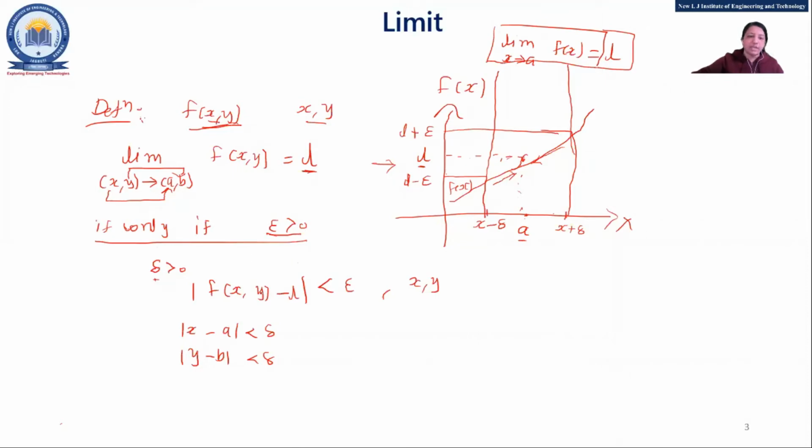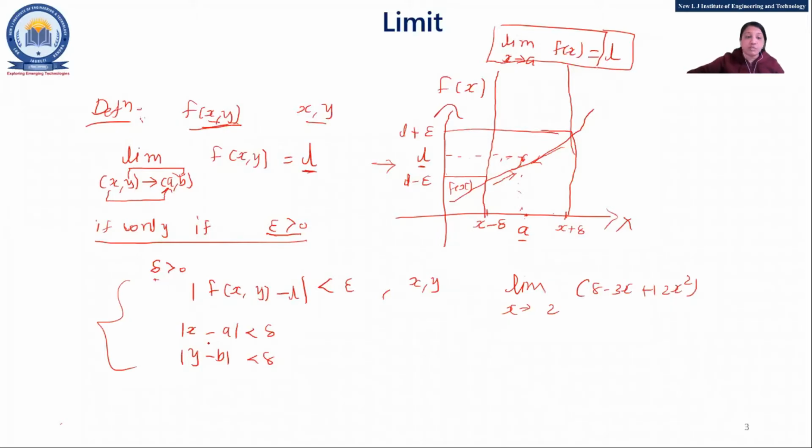Otherwise you have to mug it up, because if the graph is there, you can write down this condition very easily. Fine. So this is the limit. Now first, simple, I've given you one example, limit x tends to 2 of 8 minus 3x. That is the simple way to find it.